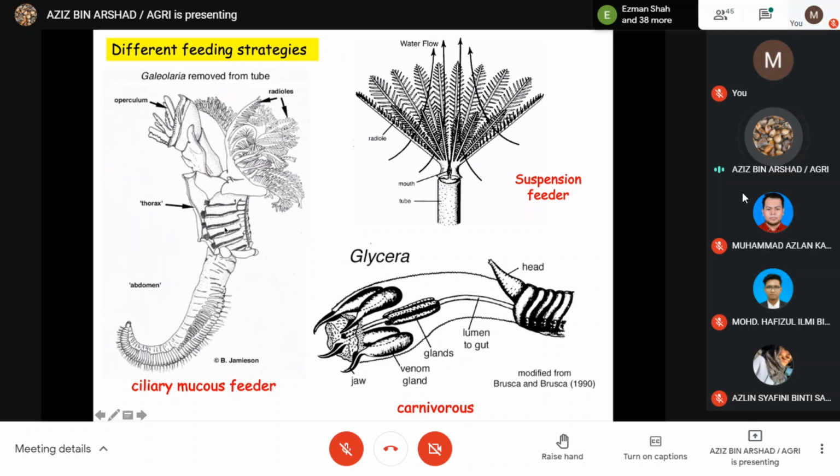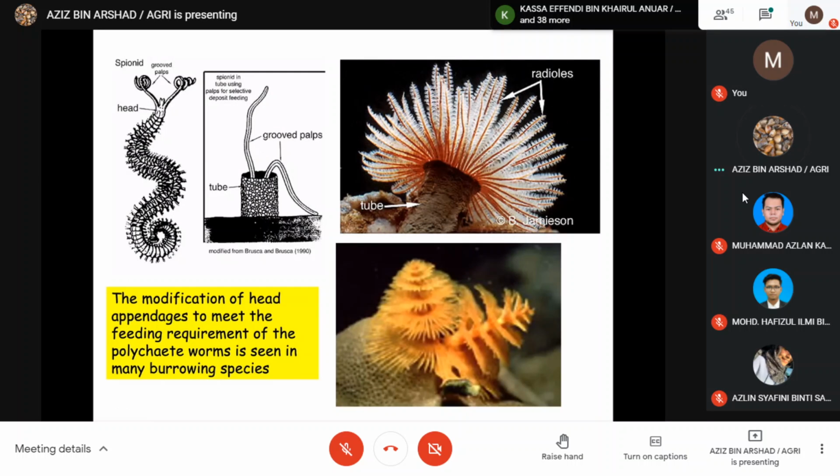And mucus feeders are normally tube-dwelling; they live in the tube. So what you see are the radioles and operculum jutting out from the tube, and they use the ciliary mucus that is available on these radioles to trap the food.